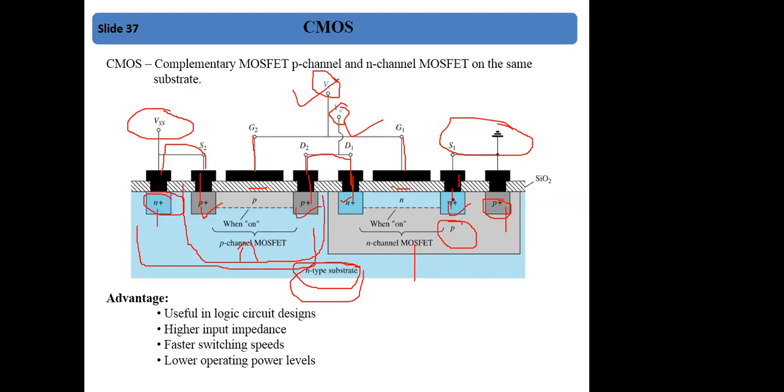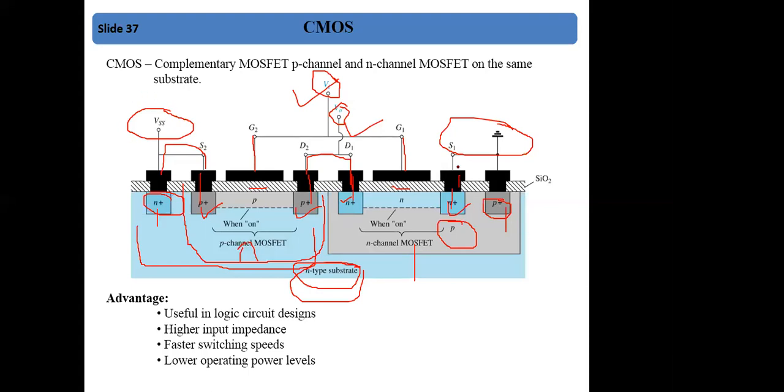After that this is added: on the N channel MOSFET we add P material, and on the P channel MOSFET we add N material. Now we combine the source of this and this terminal, which we will call S2, where we will apply VSS.